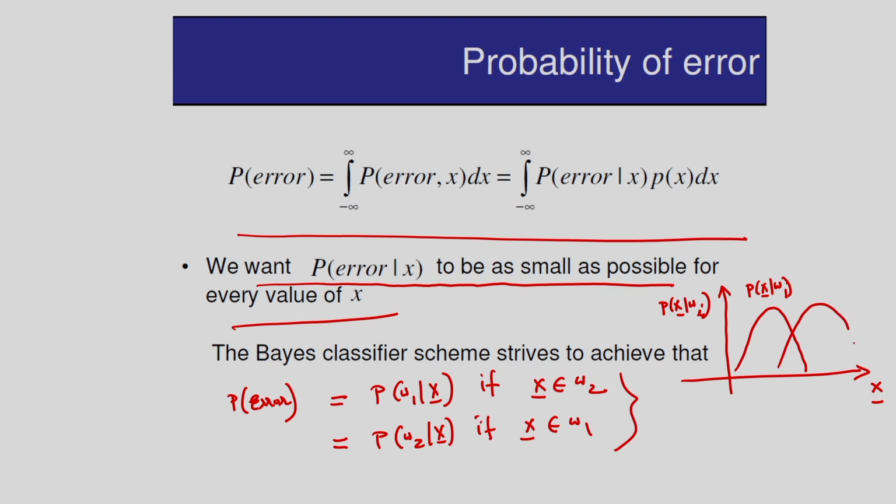This is the probability of x given W1, and this is the probability of x given W2. This portion, if you see, is the area of probability of error. So this is the concept of the probability of error, and based on it we can take a classification decision.